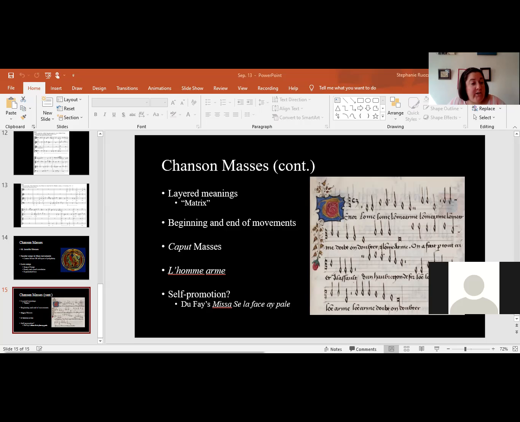There's a whole set, and we're going to talk about this more very shortly, a whole big corpus of work on the chanson L'Homme Armé, the armed man. There are many, many adaptations of L'Homme Armé as mass cycles. And we'll talk about the theological meanings of the armed man, but we're going to focus on Brunoise setting today.